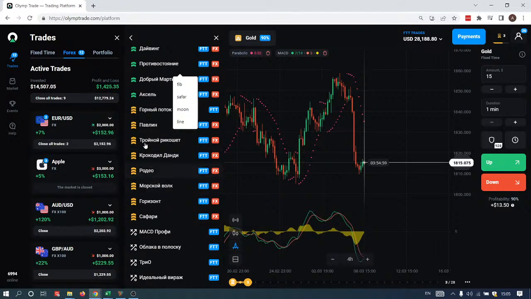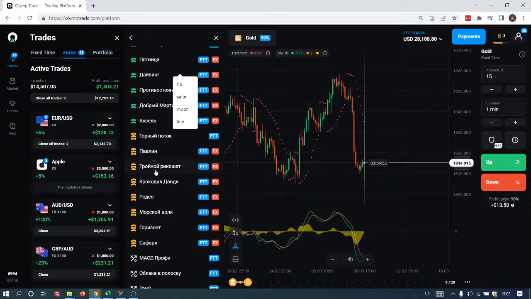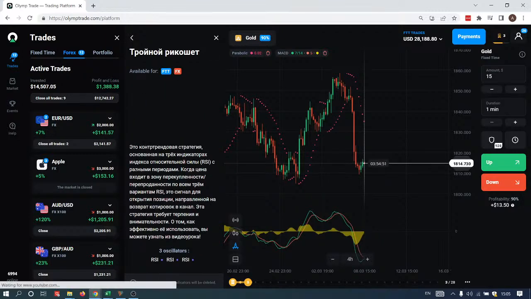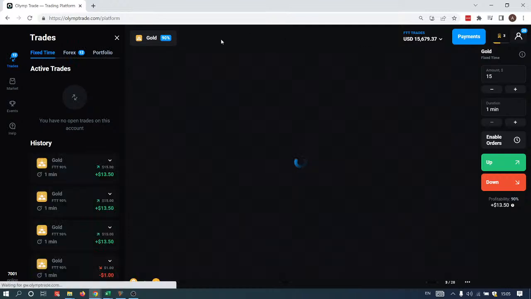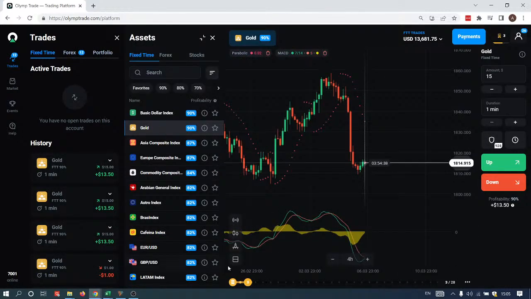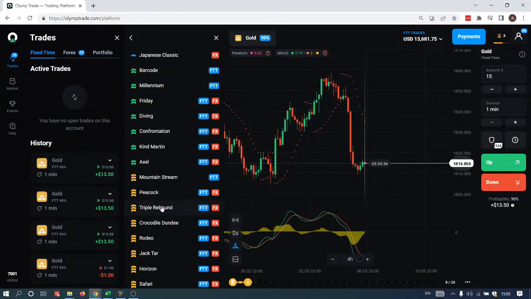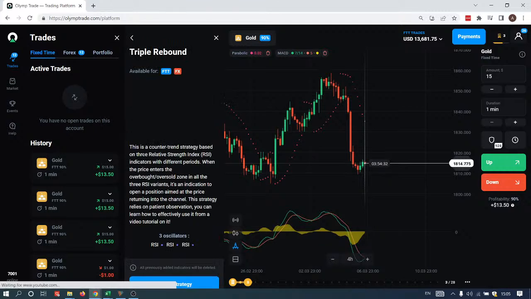I don't know why it all switched to Russian language. It was supposed to be in English, but anyway. Let me just reload the platform just in case. All right, so we click here, we open instruments, and voila, now everything's correct. So we press triple rebound.